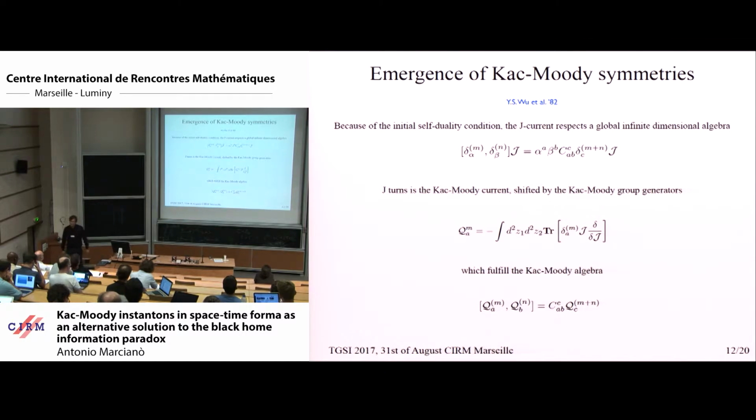When you now consider the transformation of this current with respect to some parameters alpha, b, and beta, you find that they behave in this way. So basically, if you now define some generators contracted with a functional derivative, this closes exactly a Kac-Moody algebra, with central charge, which is the structure constant of the SU(N) that you were starting from.